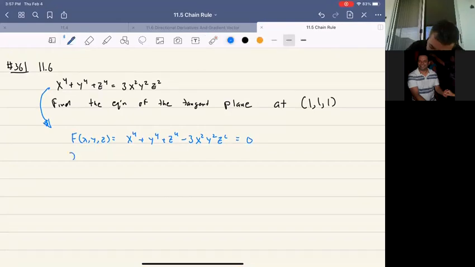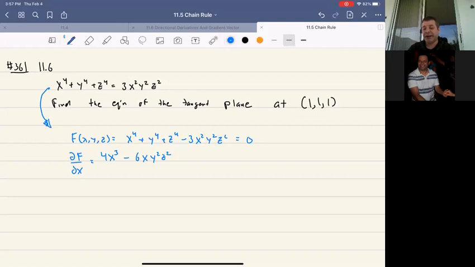So partial f with respect to x is 4x cubed minus 6x y squared z squared. Okay, and I don't have to do the other ones because it's going to give me the same number. Especially, look, we're looking at it at 1, 1, 1.